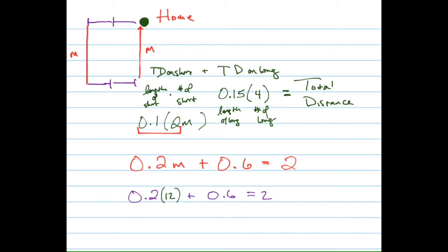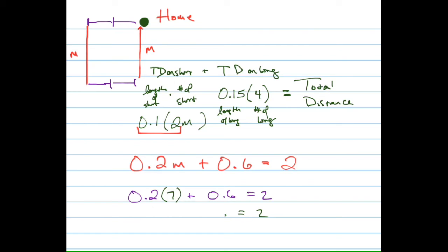But let's try what Seth said just so we can see that he's wrong. 2.4. We've got to work on our multiplication facts, guys. So now we have 2.4 and 0.6. Does that add up to 2? No, because 2.4 is already bigger than 2. 2.4 and 0.6 would be 3. Okay? So Yana suggested that we try 7.